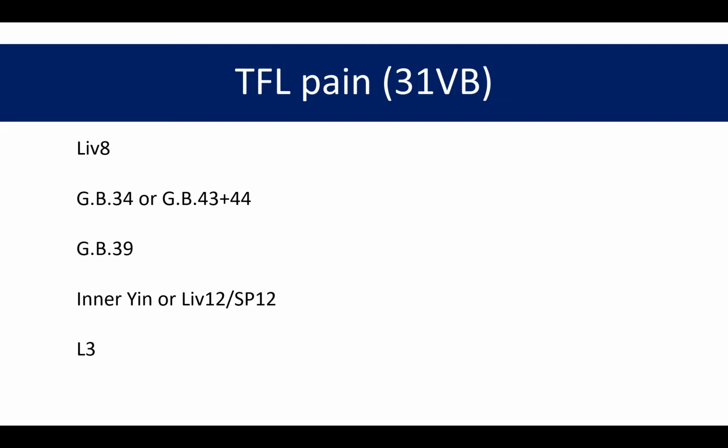Gallbladder 39 might do a good job, and inner yin or liver 12, spleen 12 area might release it. And the hip and the IT band are controlled by L3, lumbar vertebrae 3. So you might want to do that.